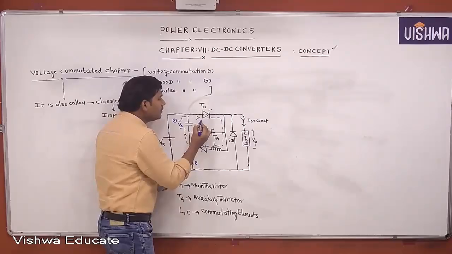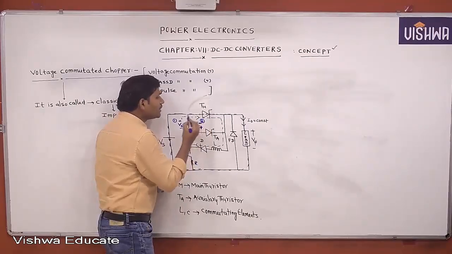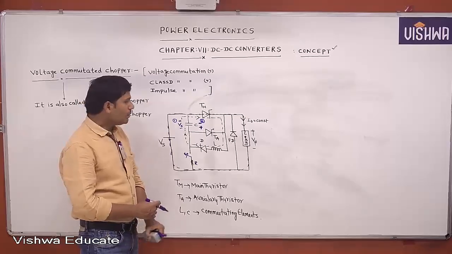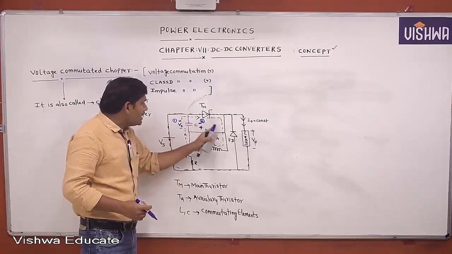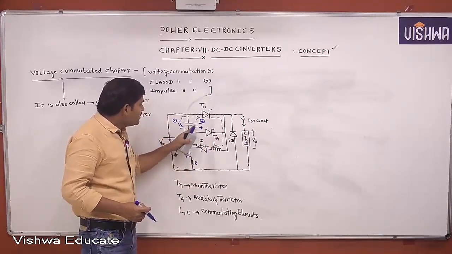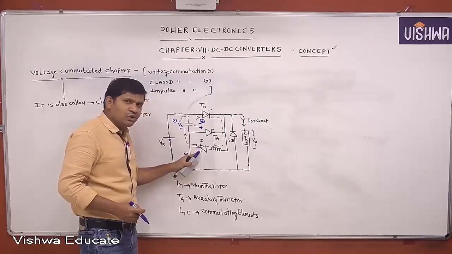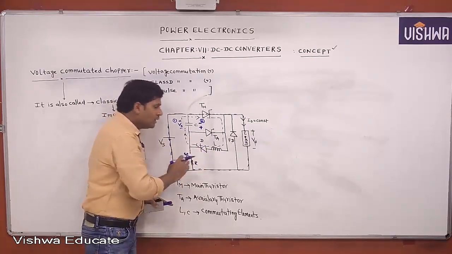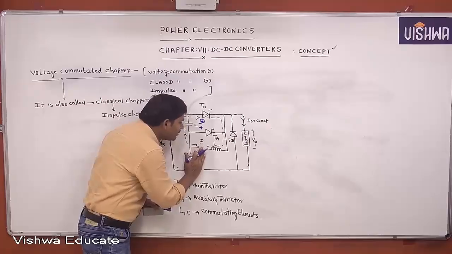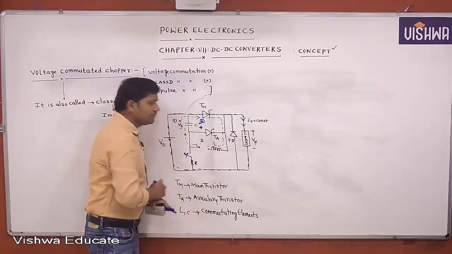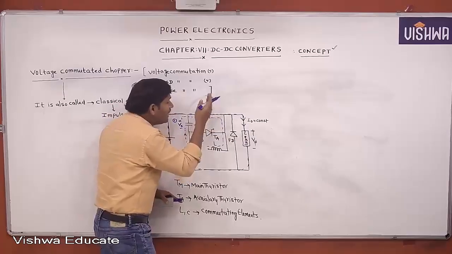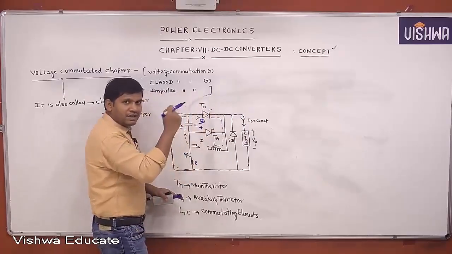This is the second condition. Once the capacitor is completely discharged, this becomes negative and this becomes positive. Then the diode is reverse biased, which means it is in the off state. Still the thyristor is not turned off.